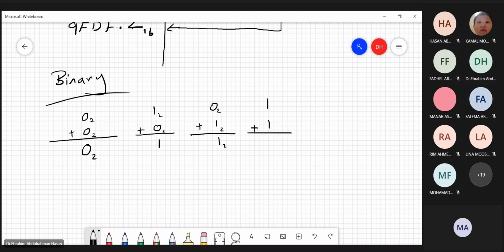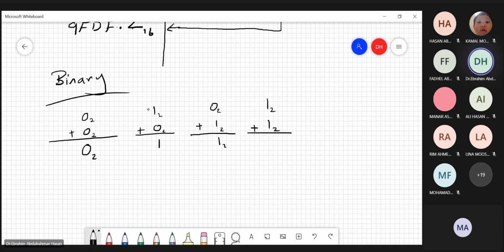1 plus 1 is 2 actually in decimal, but we cannot write 2 in binary.